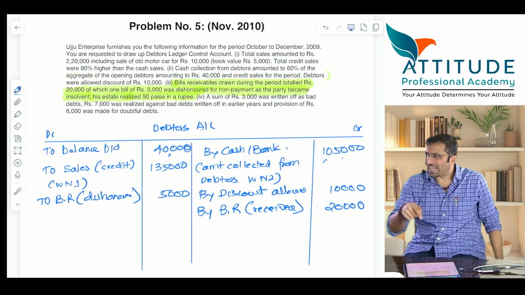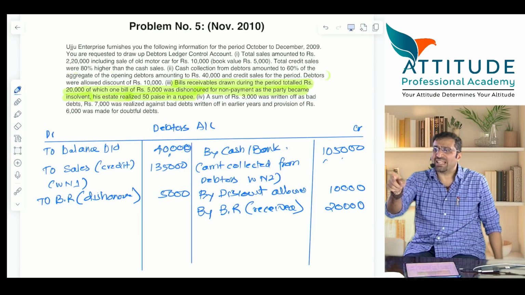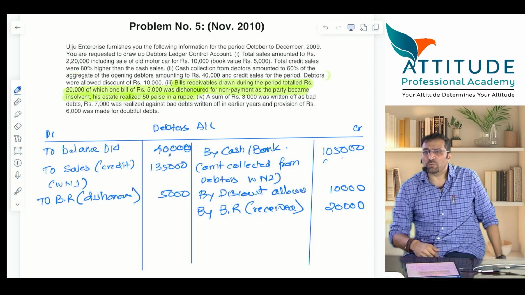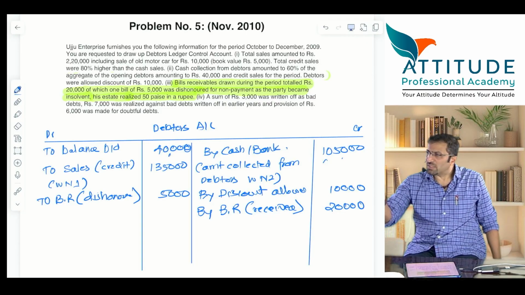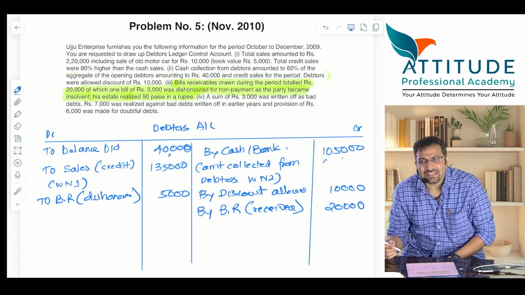This 5,000 one, how much money did he give you? 50 paisa in a rupee he is able to give you. How much does this person have to give who has dishonored? He has to give you 5,000. How much has he given? 2,500 only he has given. It means that the remaining 2,500 is bad debts.